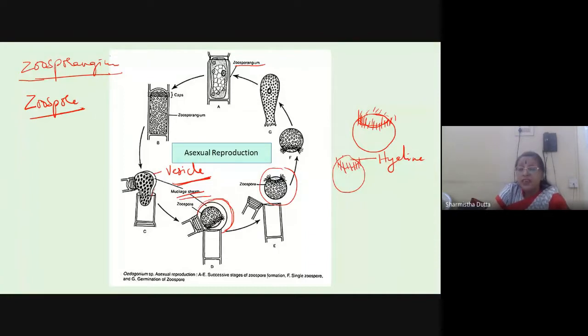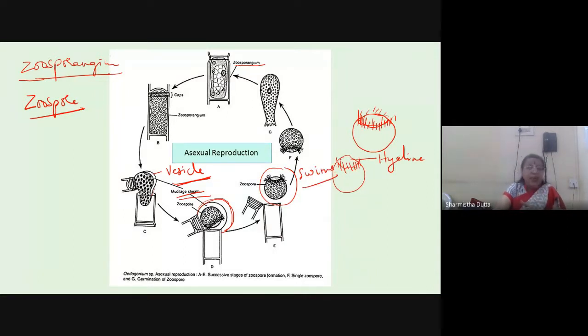Now, this zoospore is released from the vesicle. Once the zoospore develops, it opens up the mucilaginous sheath. It is liberated from the mucilaginous sheath, and then it swims in the water.